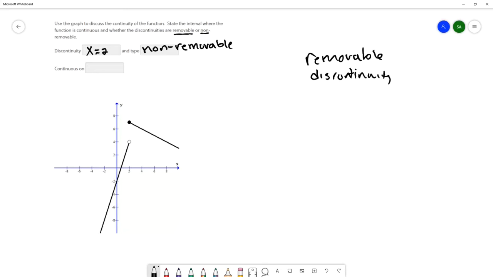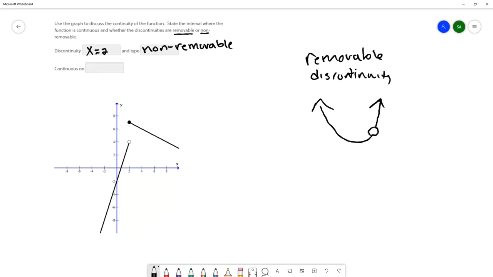So you see a removable discontinuity on graphs where maybe you have a parabola and a single point in that parabola is gone. So you have like an open circle at that spot.